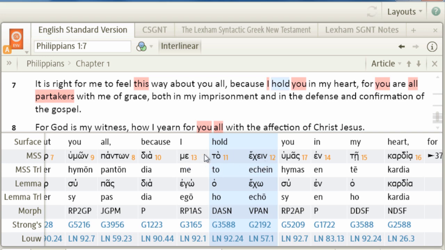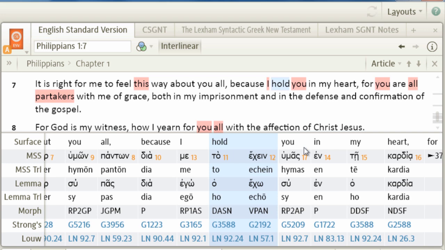Me, which is translated I, functioning as the subject, with 14, 15, 16, and then you finally get to 17, humas, which is translated you, as the object. So now you can see the why and the how behind the ESV's decision to make this accusative the subject and this other word in the accusative case the object.